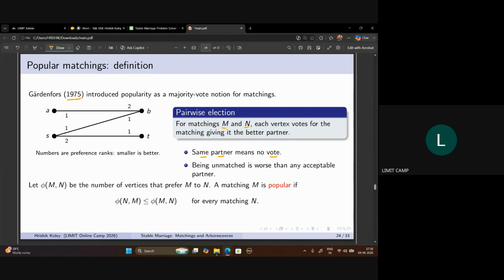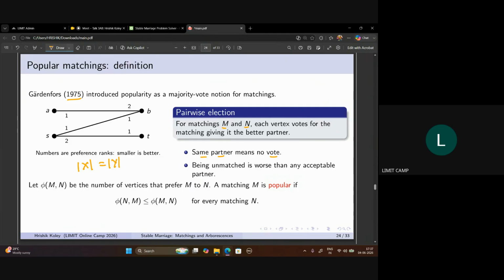Popular matching does one thing better than stable matching that I should accept: stable matching is hinged on the fact that the sets we have must both have the same cardinality. Popular matching does not bother itself with that.